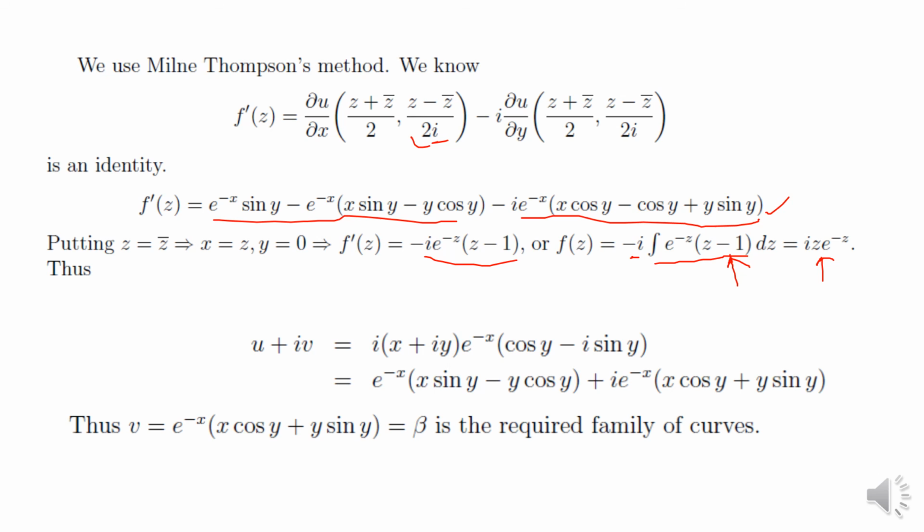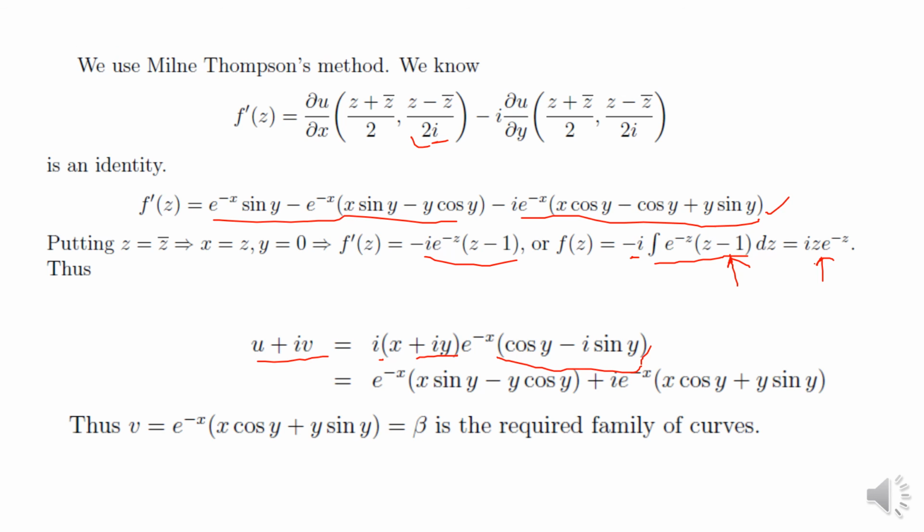So do this integration. Now once you got this f(z), which is equal to u plus iv, so u plus iv is equal to f(z), with z equal to x plus iy. In this I am keeping the values: e to the power minus x, and e to the power minus iy will be there, which is equal to cos y minus i sin y.